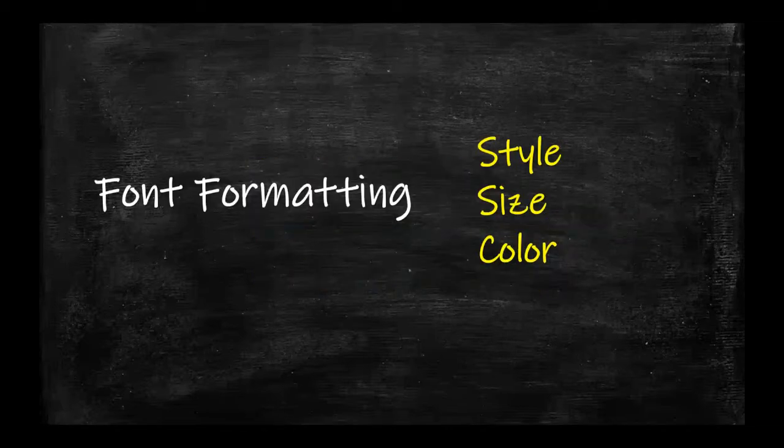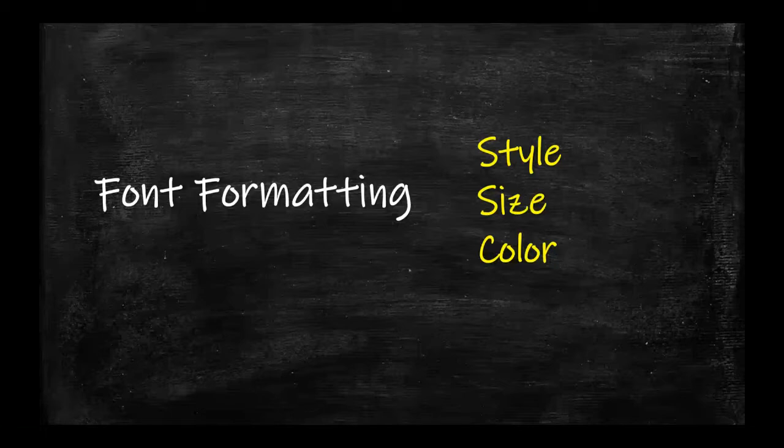Next is the font formatting. When we say font formatting, it focuses on the text that we put on our document. There are three formatting tools that we can basically use in formatting our text. This is the style, meaning the type of letters that we are going to use, for example Arial, Times New Roman, Monotype Corsiva.